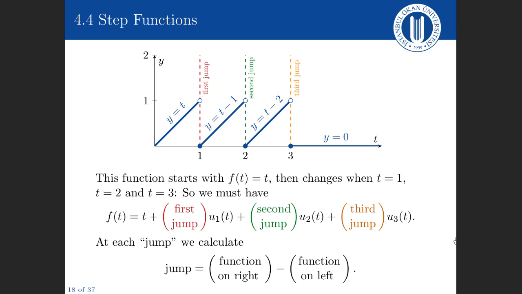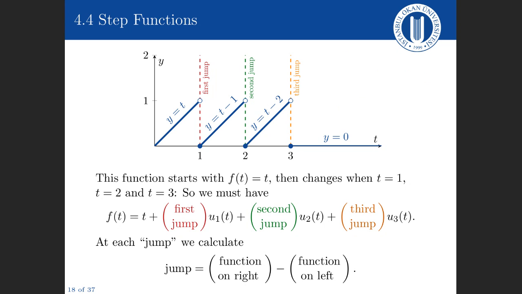At each one of these changes, at each one of these jumps, we're going to calculate the function on the right minus the function on the left. In the previous example, for example, we went from 2 to 5. I said we go up 3 because 3 is the function on the right, which is 5, minus the function on the left, which is 2.